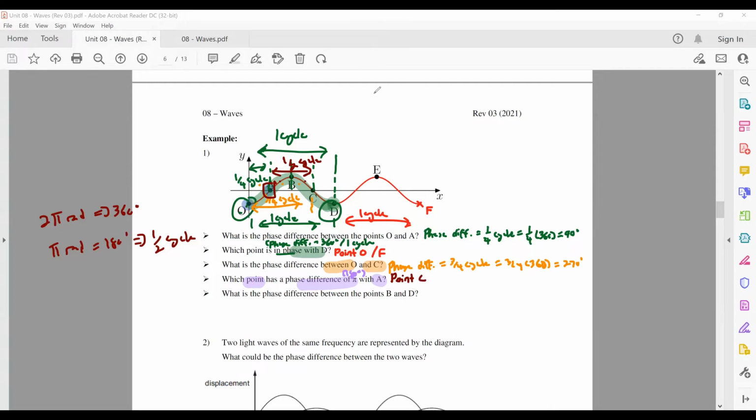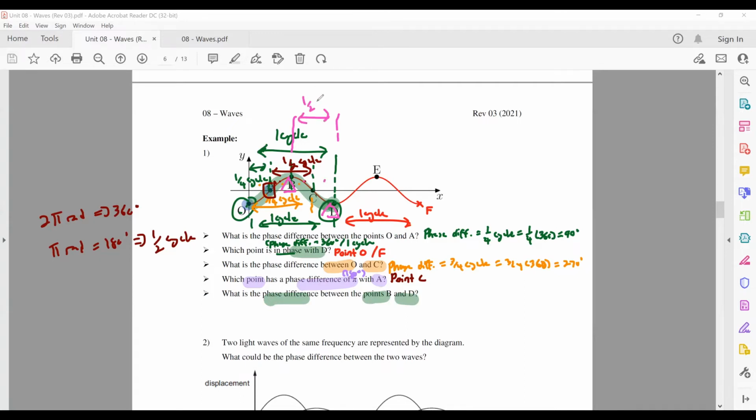Okay. And then the last one: what is the phase difference between points B and D? B and D are this one and this one. So again, if you look at it carefully, they are 1/4, 2/4 here.